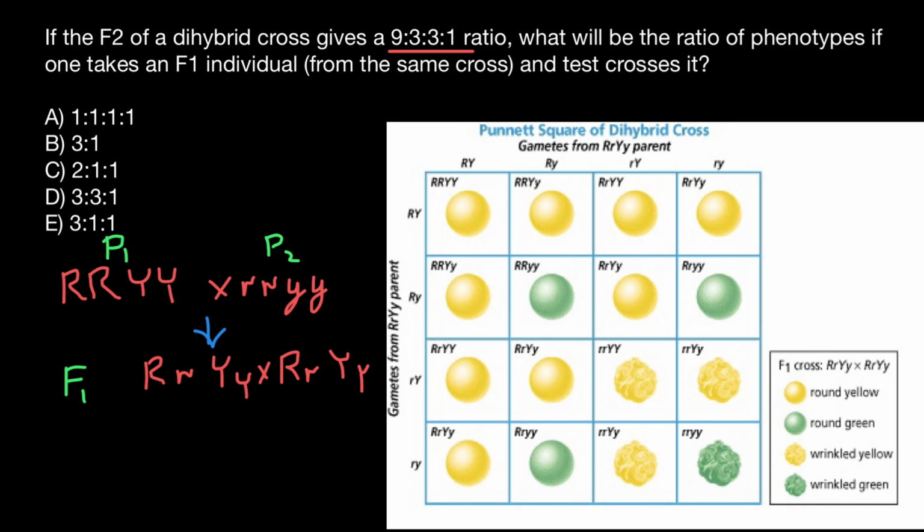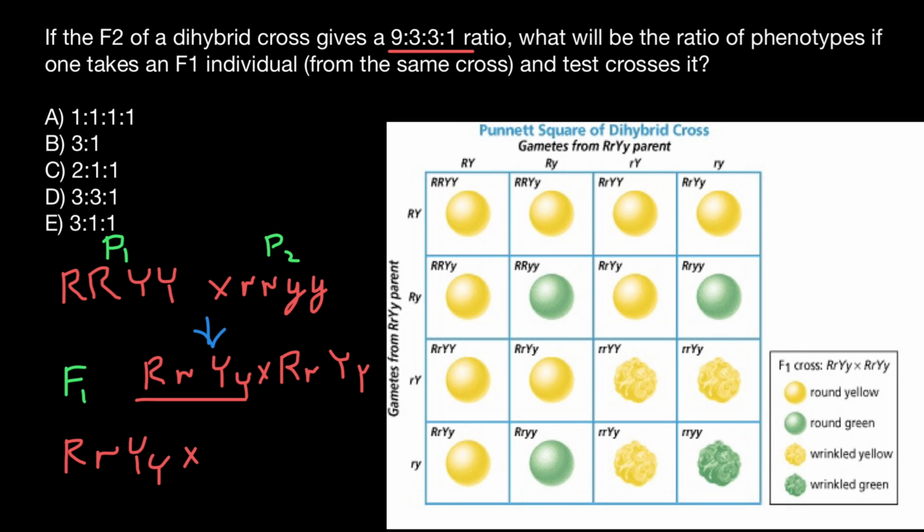And here is going to be the ratio of phenotypes, which you see here. But our question, let's read again. What will be the ratio of phenotypes if one takes an F1 individual from the same cross and test crosses it? So what do we call a test cross? First of all, let's take from the F1 generation one parent who is going to be capital R and small r, capital Y and small y, and test cross it.